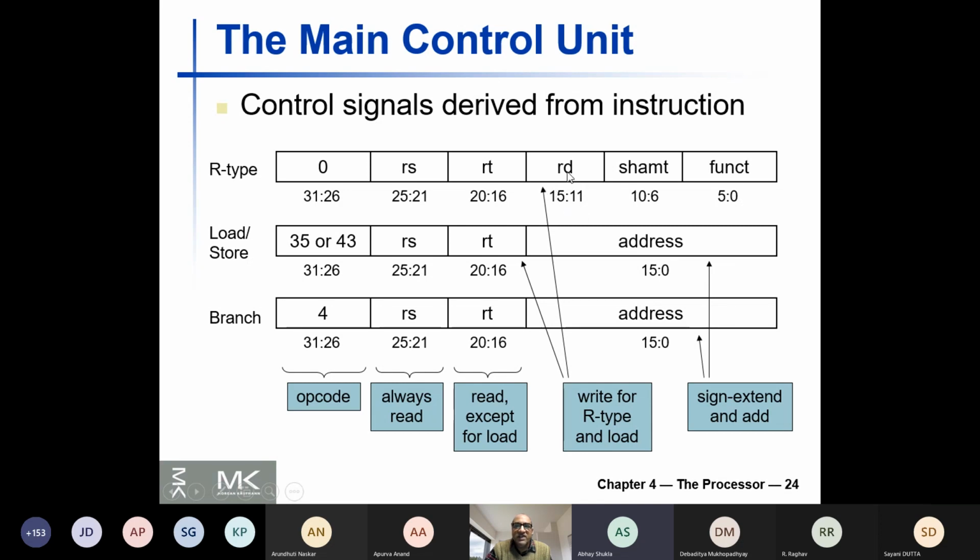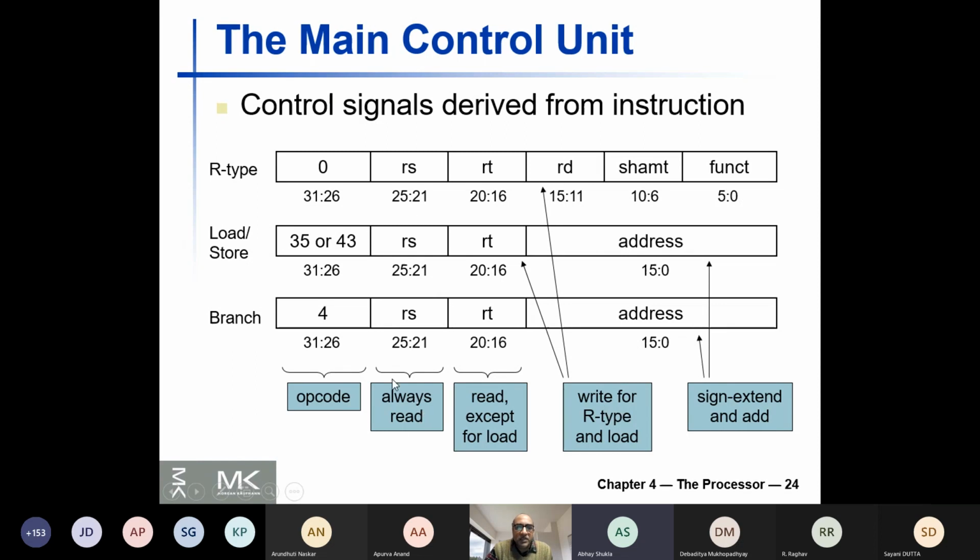So this 5-bit field indicates the destination register where the result has to be stored. And in case of load instruction, bits 16 to 20 indicate the destination register address. Out of these, one has to be selected using an appropriate multiplexer.